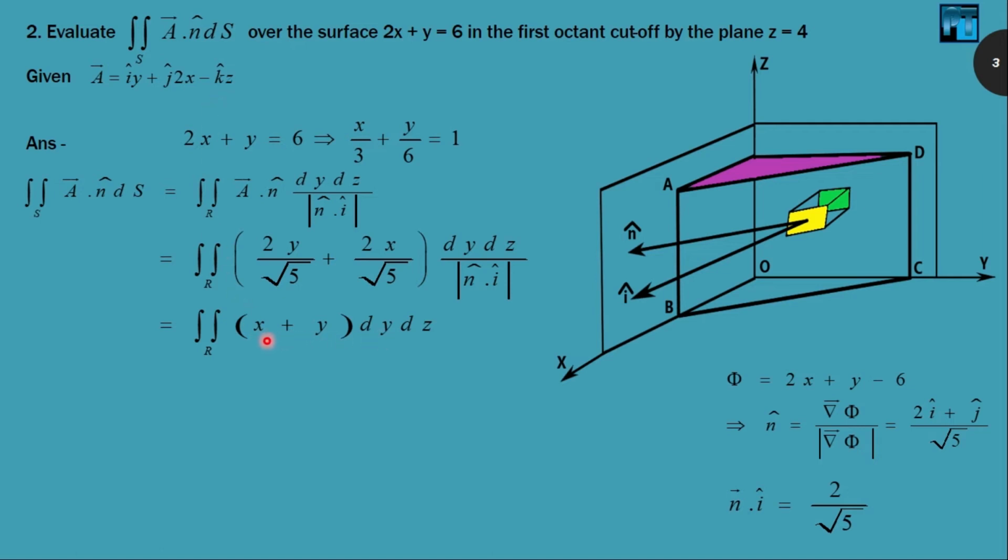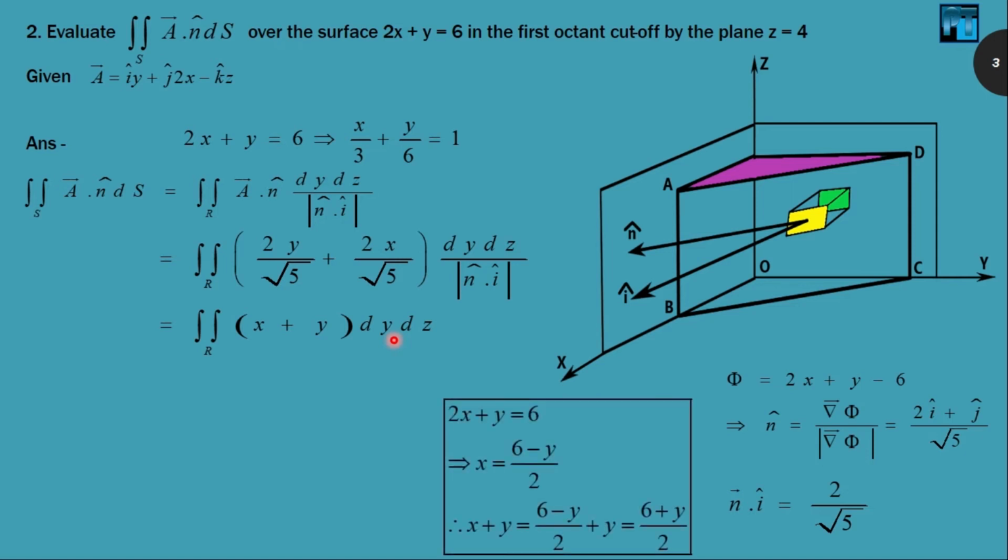Yes, there is an x component. We have to replace this x by y and z. How? 2x plus y equals 6, so x equals 6 minus y by 2. So we can replace this x, and the value of x plus y is 6 plus y by 2.